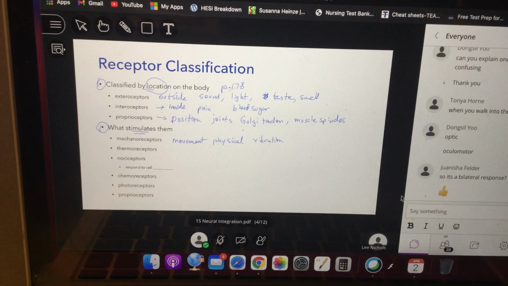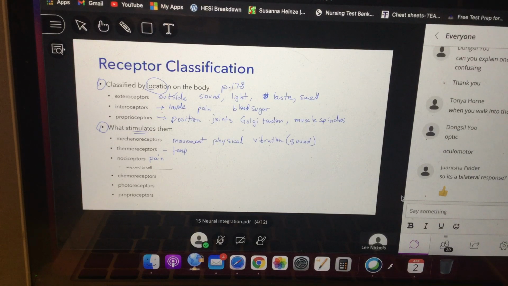You can detect vibrations in your skin. Sound is vibration of the air, so the sense of hearing involves mechanoreceptors whose stimulus is vibration. Thermoreceptors are temperature. Nociceptors, we already said, pain.